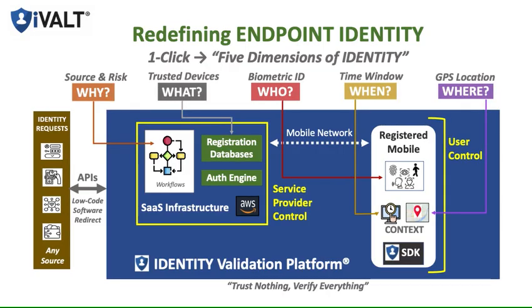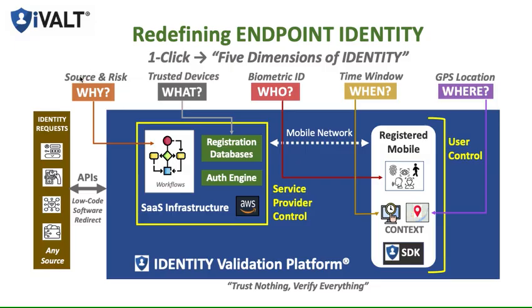With one click, iVault is able to capture 5 dimensions of identity, which is basically all the data that is possible at the endpoint. This consists of who, which is the biometric ID; what, the trusted device; where the authentication was done, the GPS location, not the IP address; when, the time window; and then the source and the risk.